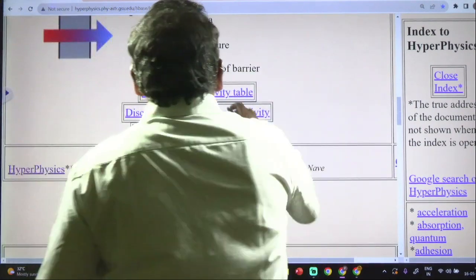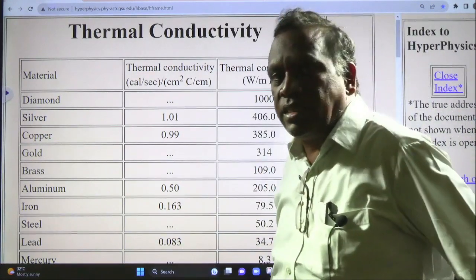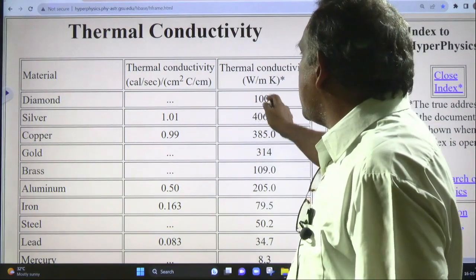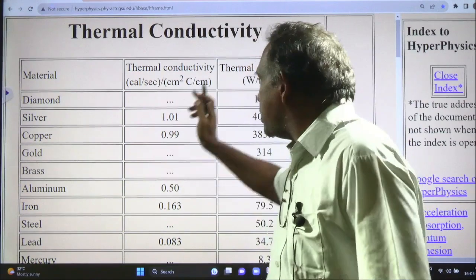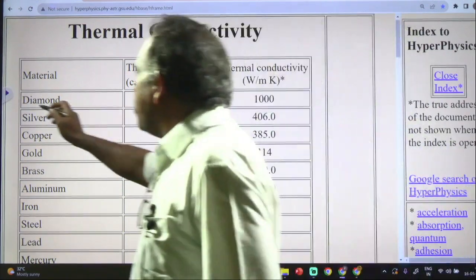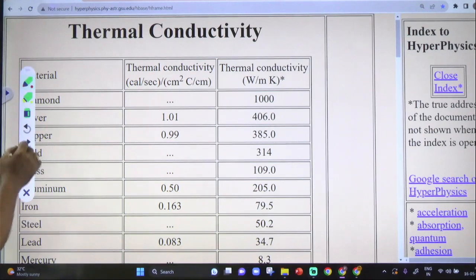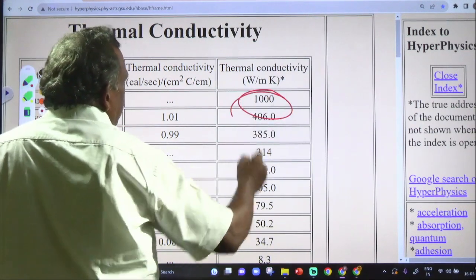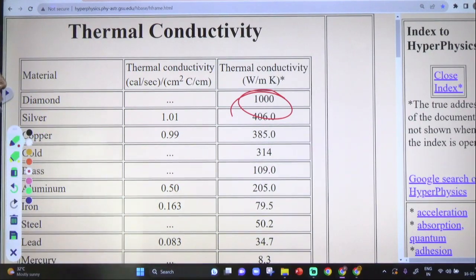If you take the thermal conductivity table, this is the thermal conductivity of different materials. Diamond has a thermal conductivity value of 1000 watt per meter Kelvin. I told you the unit of thermal conductivity is watt per meter Kelvin. Silver is 406, like that.